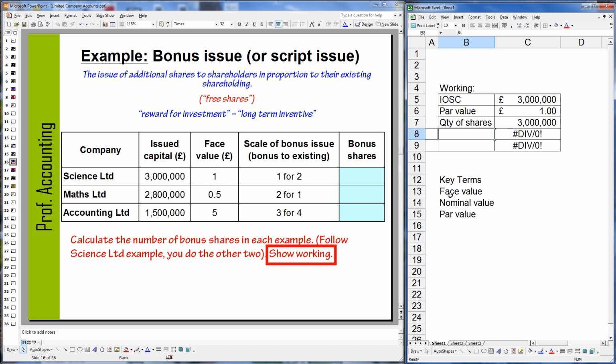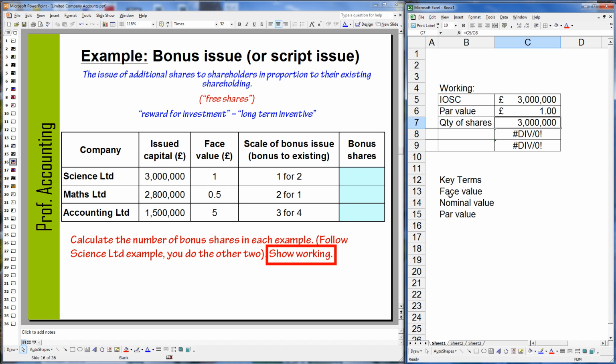So that could be, say, £4 million in this case, for example, and they've only issued 3 million, so they could issue another 1 million shares at £1 each. As an example, I'm not on the question there, but just do look at authorised share capital as a key term. So back to the question, we need to look at how many sets we've got in existence.